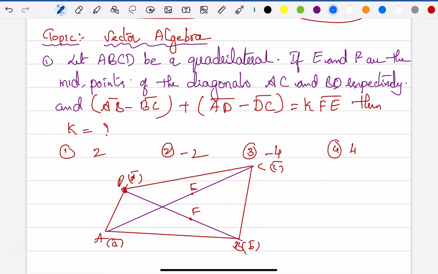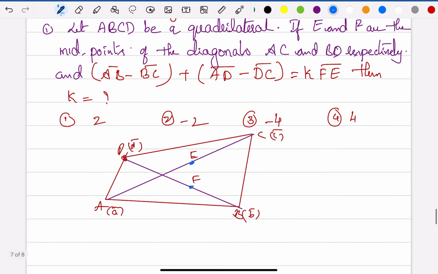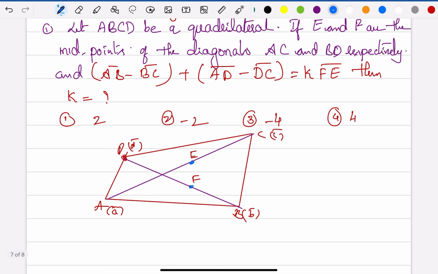E and F are the midpoints of diagonals AC and BD respectively, and AB vector minus BC vector plus AD vector minus DC vector is equal to K into FE vector. Then what is the value of K? You have four options: 2, minus 2, minus 4, 4.